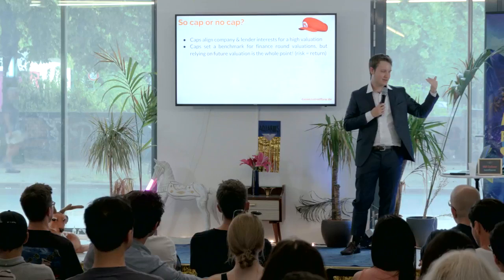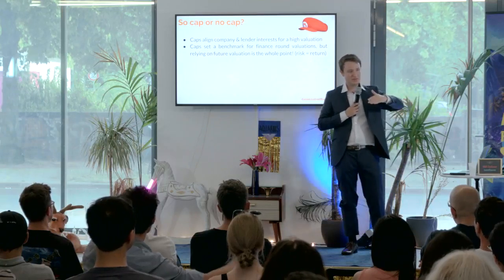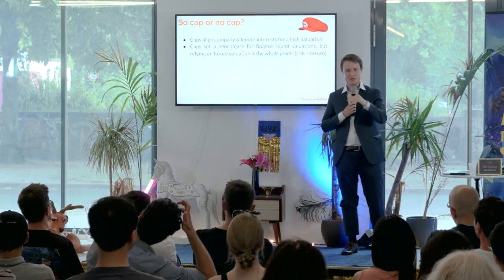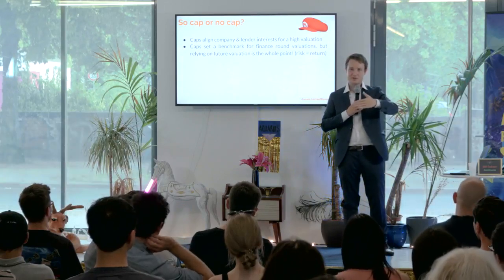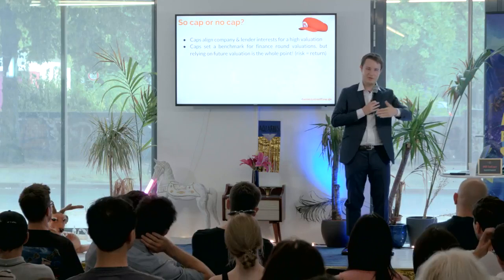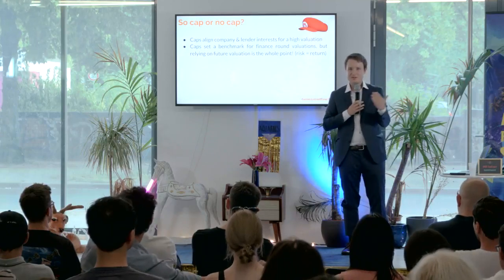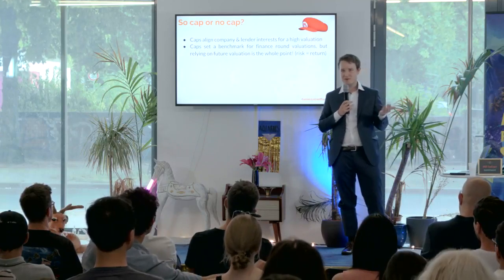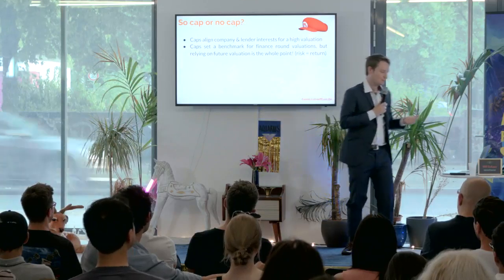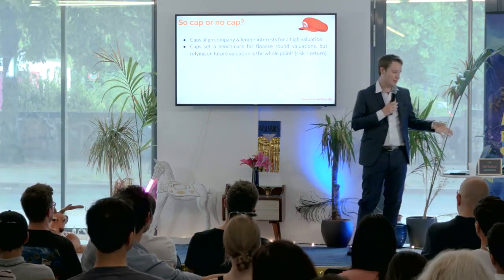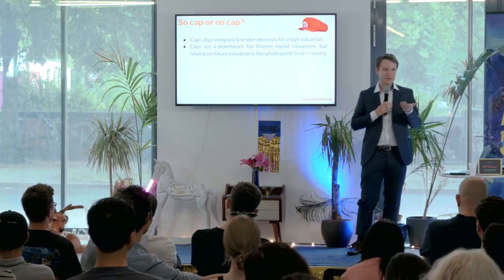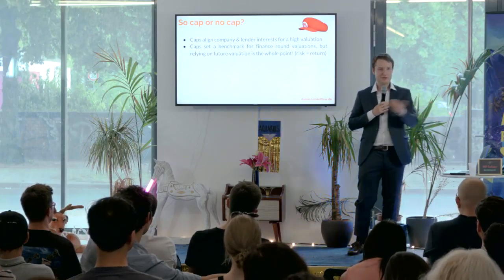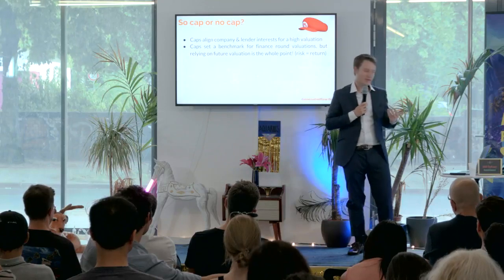The floor is the opposite, which says there's a minimum valuation that you at least have to convert to. Then you kind of have a corridor. So minimum is floor, maximum is cap, and this is kind of where maybe the next financing round is going to take place. And this is the whole point that I told you about: you're not able to determine the value, and now you sort of did it, and that's why I'm not a big fan of caps.